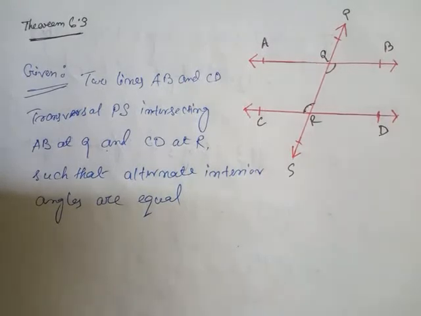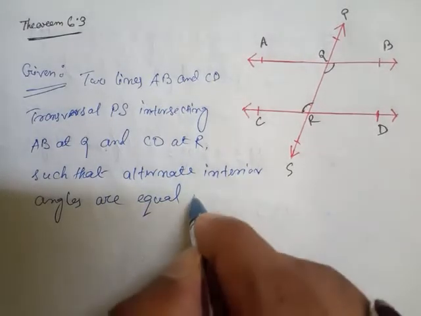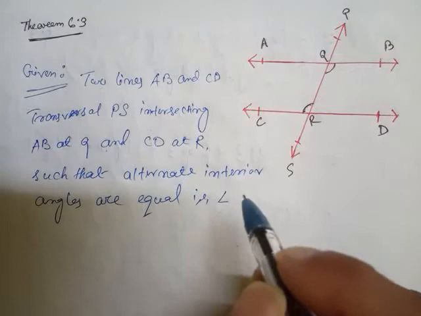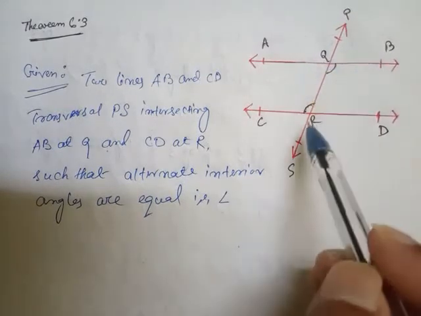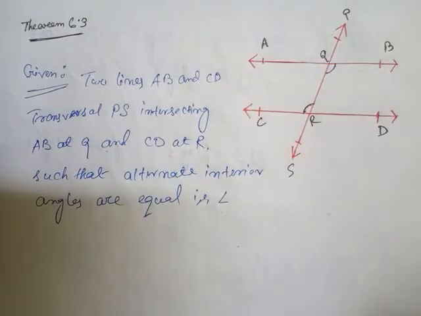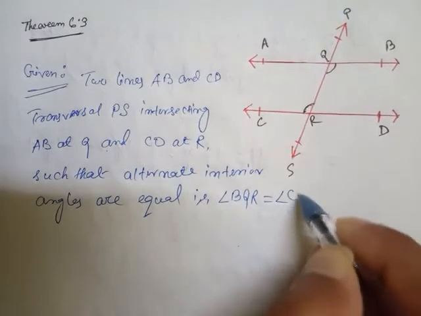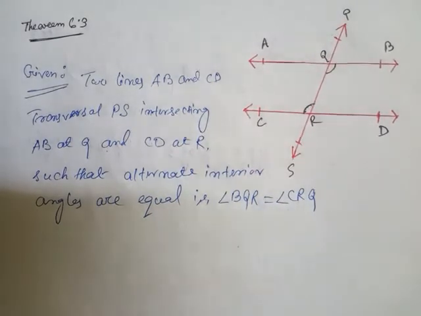It is given in the theorem. So we'll write here angle BQR, which means this angle, and CRQ. So we'll write here angle BQR equal to angle CRQ. Now look, this is the given part.